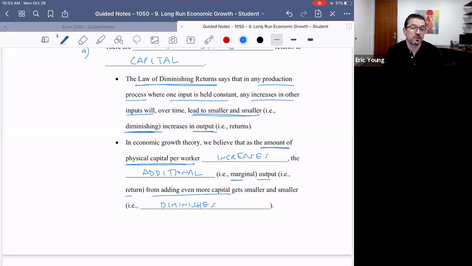You can only do so many pizzas given a few workers and the constraints of the dough and the cheese and the sauce, okay? You can't just make infinite pizzas by buying infinite ovens. So the addition of marginal additional capital will lead to less and less pizzas, diminishing returns.